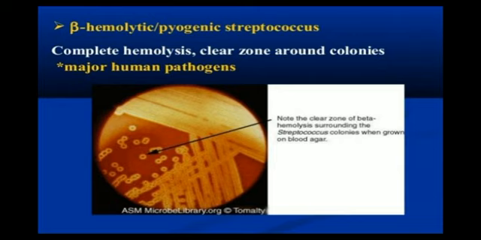Moving on to beta hemolytic or pyogenic streptococcus: complete hemolysis, clear zone around colonies. That means there will be complete breakdown of our red blood cells. So we can see a clear zone around the colonies in the culture plate or culture medium.